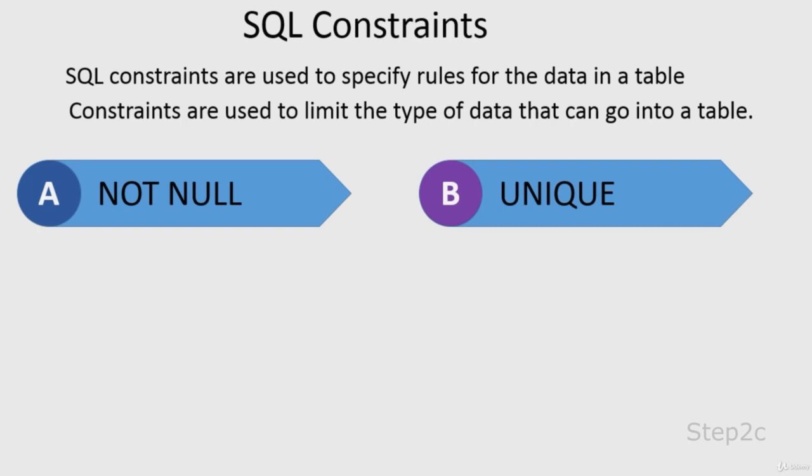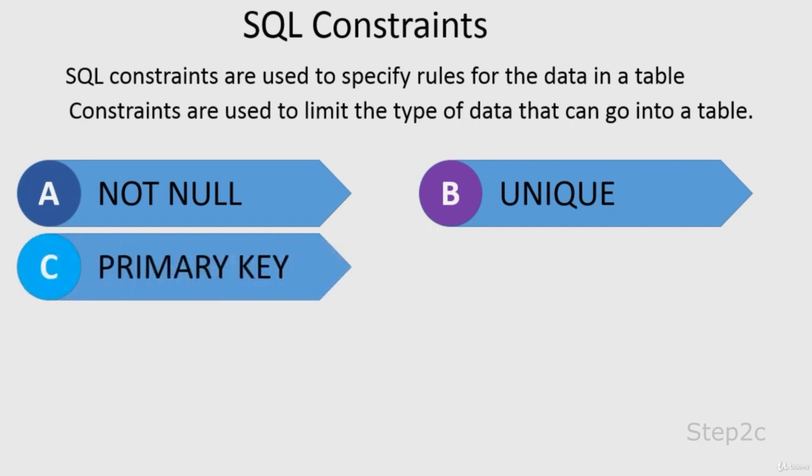You can't use data which is already there. Similarly, if you combine unique and not null, making sure a column is both not null and unique, you can use primary key. By using primary key, we make sure that this column contains unique as well as not null values. In the case of unique, it will allow one row as a null value.